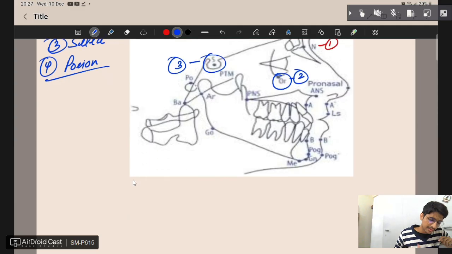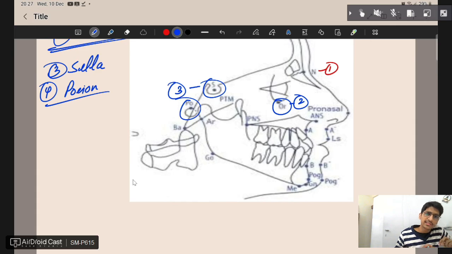This is porion. So where is porion located? It is located on the external auditory meatus, the superior most point. But the problem is that in a lateral ceph there is a superimposition of the images, so this point is basically not visible anatomically on the lateral ceph.